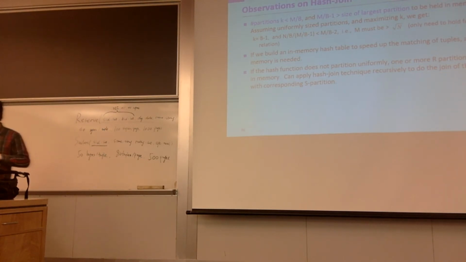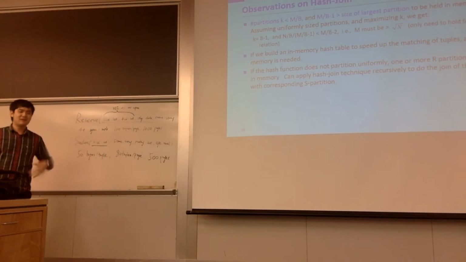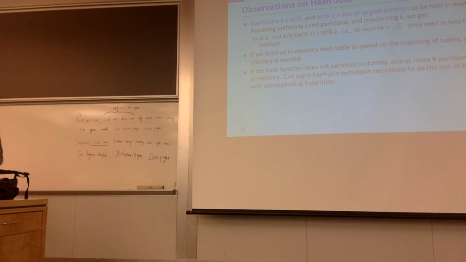That means after the first pass, every partition of your table is going to fit in memory. You can bring every partition of that relation into the memory and build a hash table. Then you can just do this in two passes. The first pass is partitioning, and the second pass is the join.